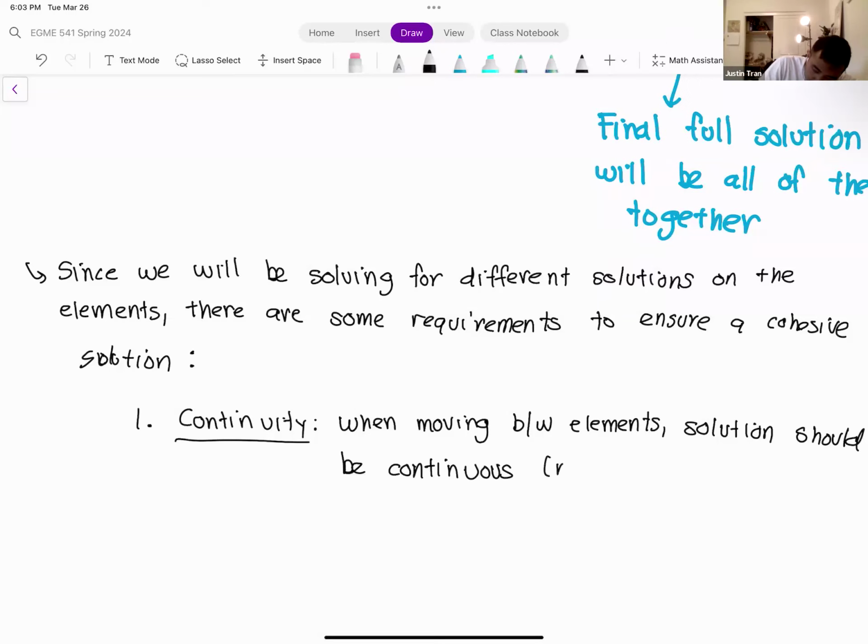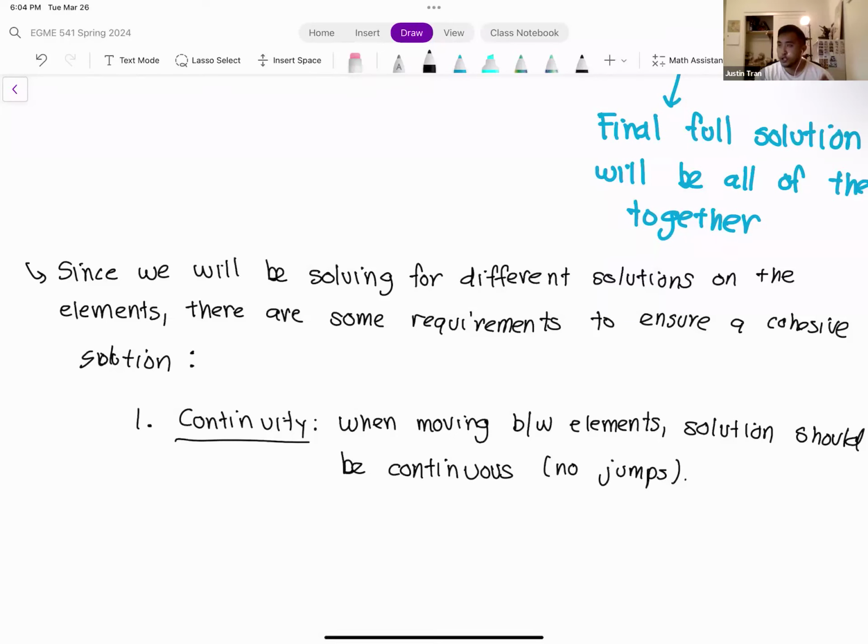This has to be true for obvious reasons, not only for continuity and smoothness of the solution, but also because it's important for things like conservation of mass and conservation of energy.